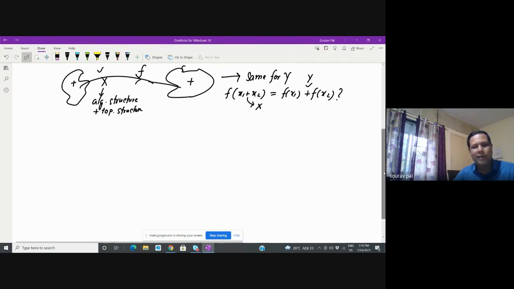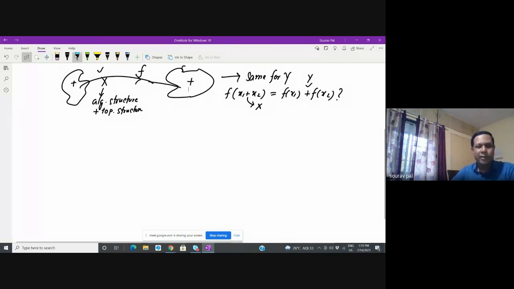Later on, you will find there is another structure called manifold structure on these sets, so that you can talk about differentiability. If you have a topological structure, you can talk about continuity. We shall see that. If you have a manifold structure, you can talk about differentiability.